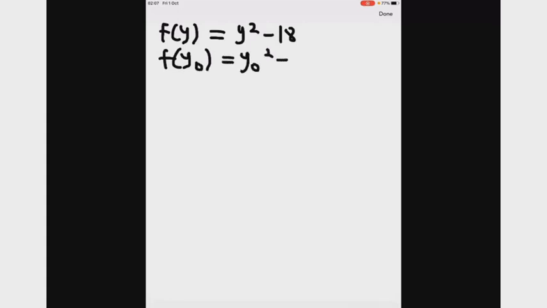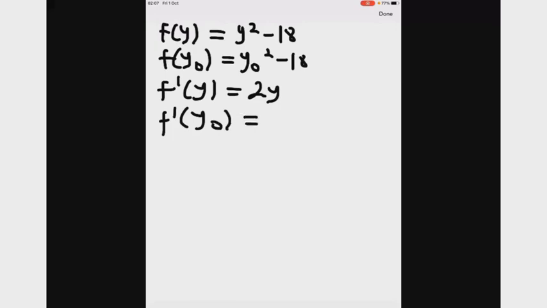If f of y equals y squared minus 18, definitely my f of y naught will be equal to y naught squared minus 18. If my f prime of y equals 2y, f prime of y naught equals 2y naught.